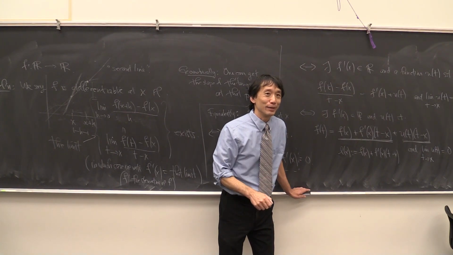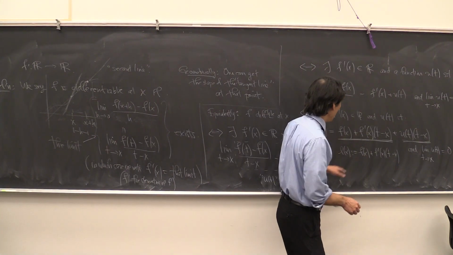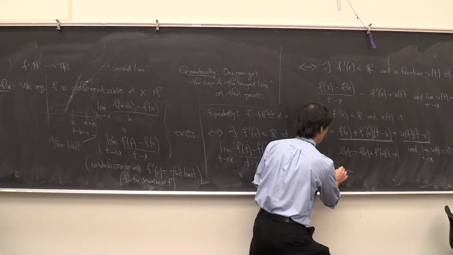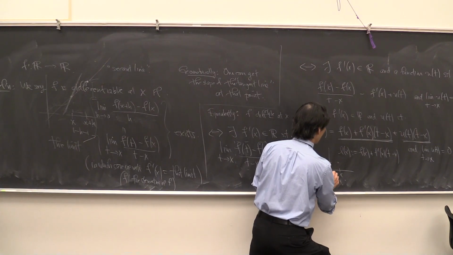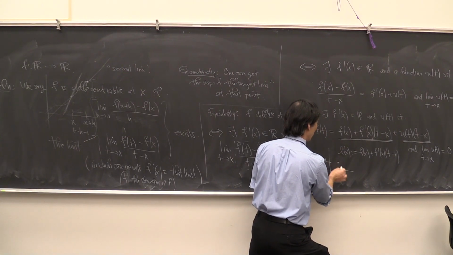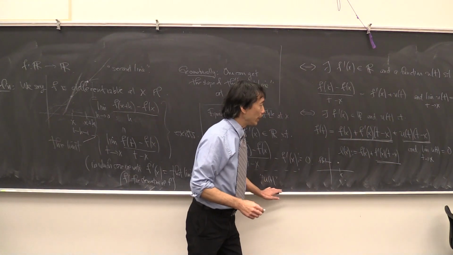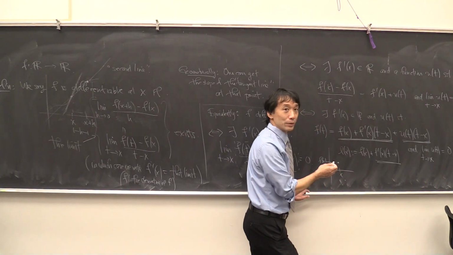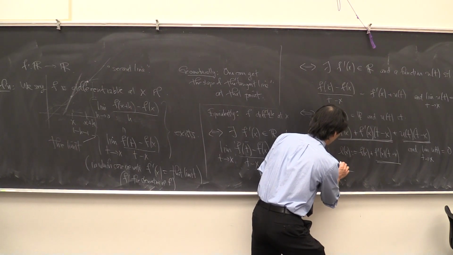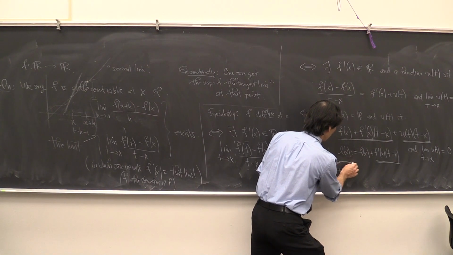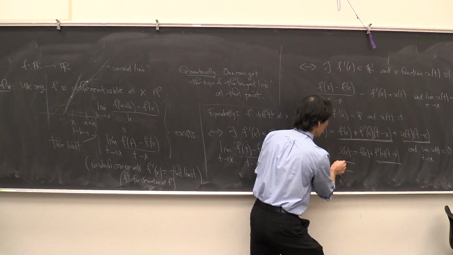Sandy? The linear approximation of f of t. Exactly, right? It's a function that at x takes on the value f of x, so it has the same value at x as f, and it's a linear function with slope f prime of x. So if my function looks like this, then the slope of L is the same as the slope of the tangent line.